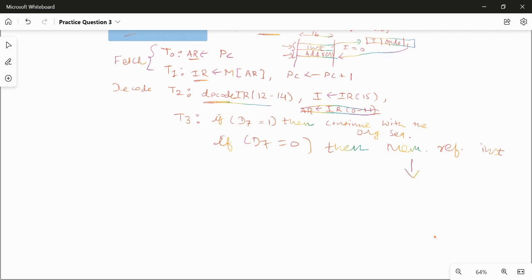So after having this condition as true, the control will check for the addressing mode. So if I is found to be 1, that means indirect addressing. In that case, whatever is available in the address part, that should be treated as the address. So 12 bits are sufficient to use as the address for indirect memory reference instructions.